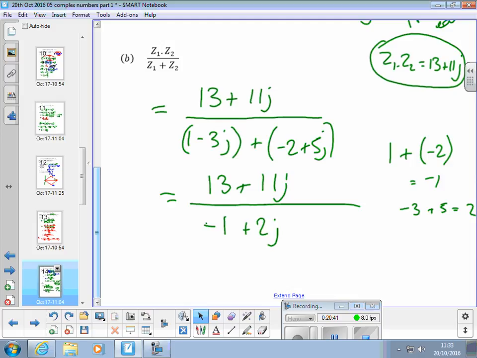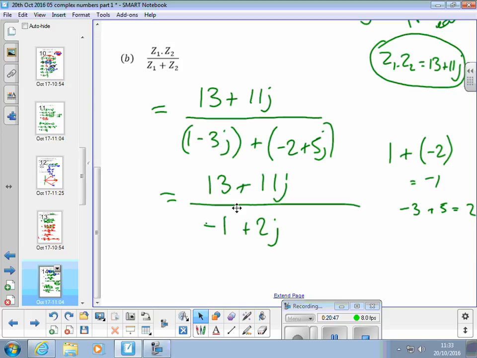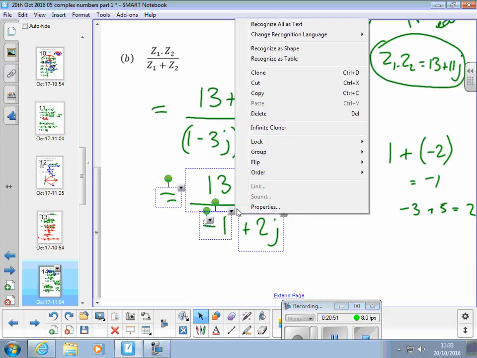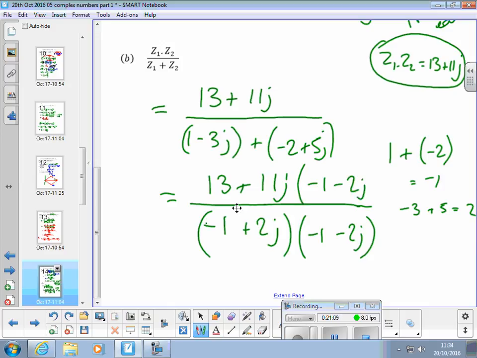Next bit to do is multiply by the complex conjugate. So we've got to do this. Minus 1, minus 2j on the bottom, minus 1, minus 2j on the top.